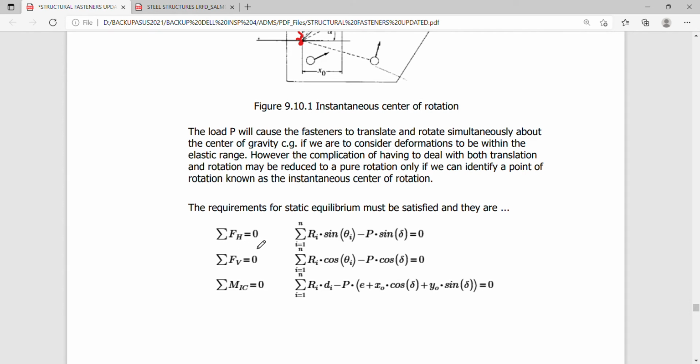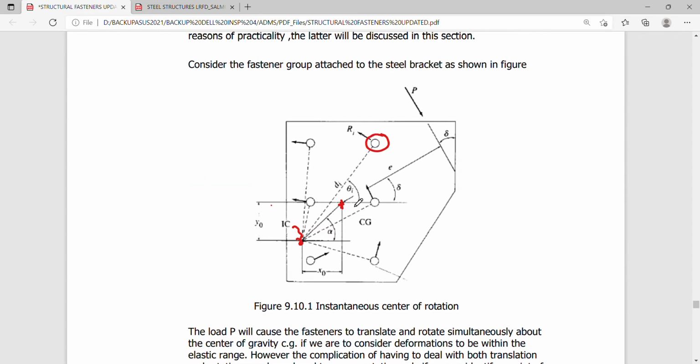So this is Ri. We are taking the component of Ri with respect to the angle. Sorry, if this is your horizontal reference, your theta here will be reckoned from the vertical.